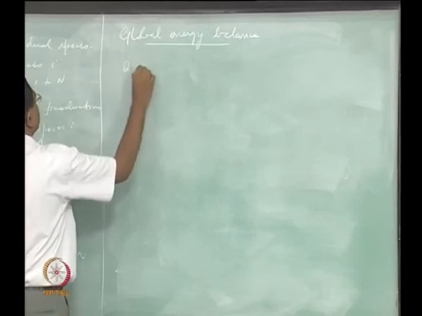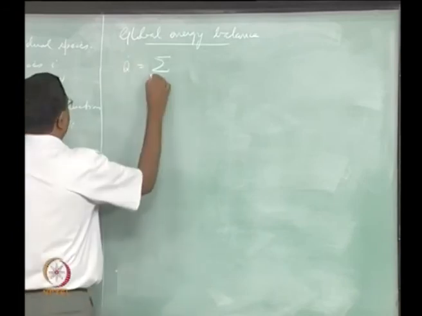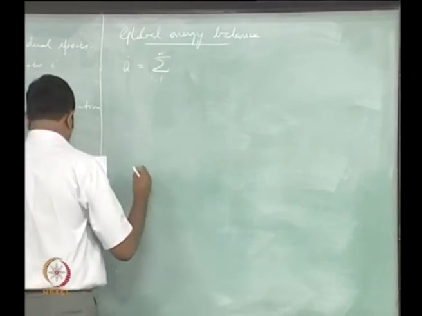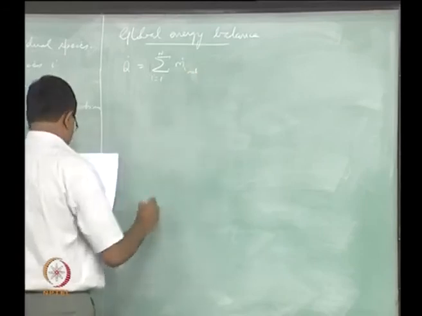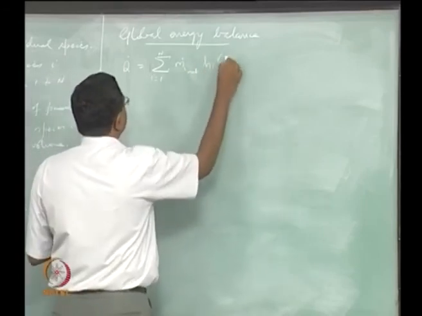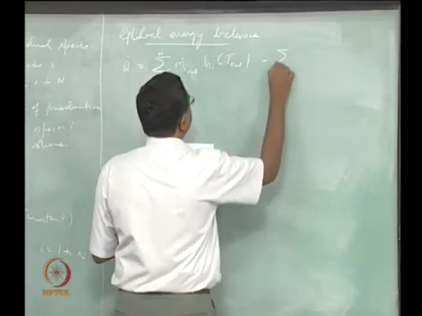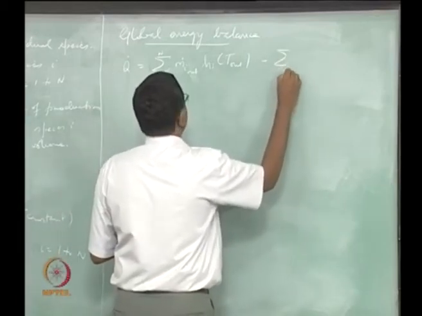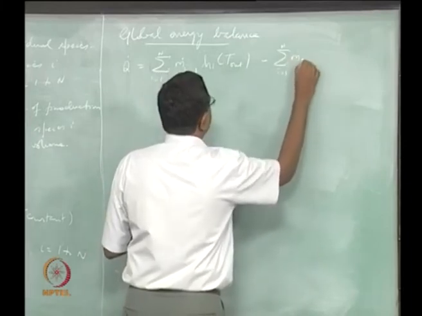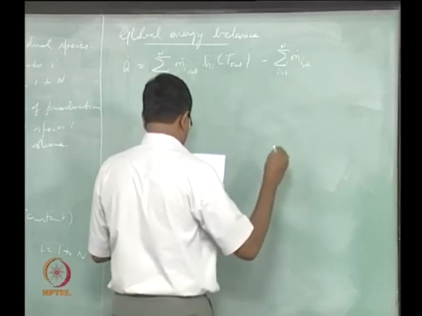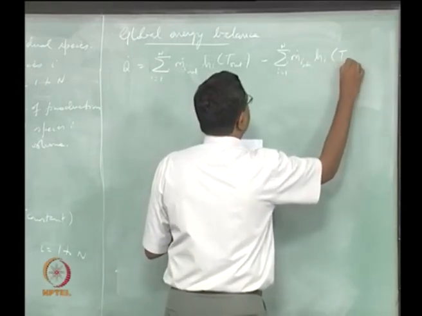Q dot is equal to sigma I equals 1 to n m dot I out hi T out minus sigma I equals 1 to n m dot I in hi T in.